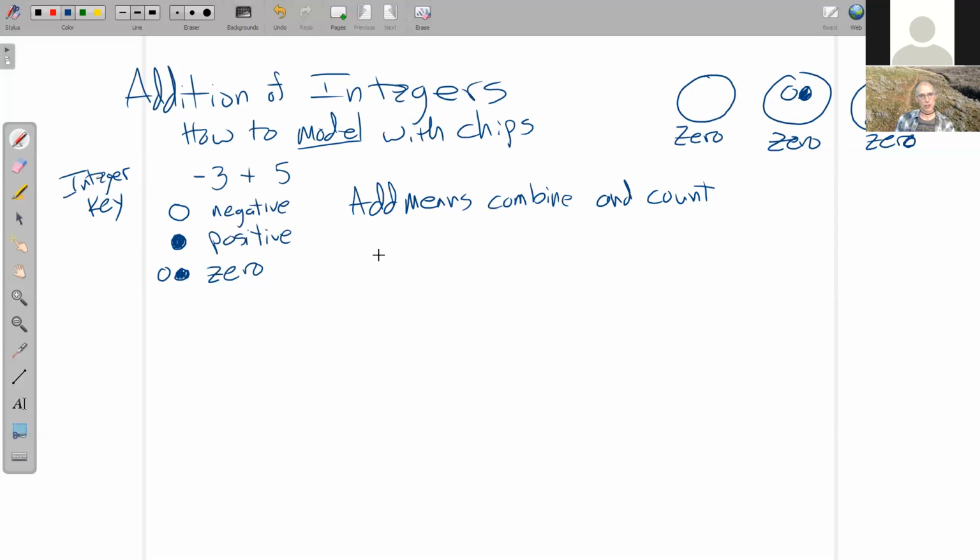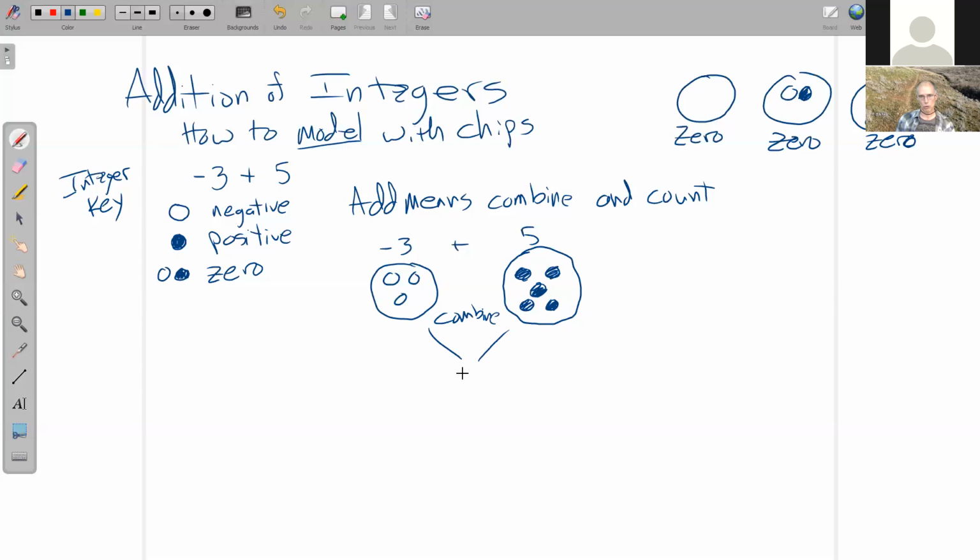So then I'll have to start off with a group of -3. And then we want to combine that with a group of 5. And so I put them together into a new group.